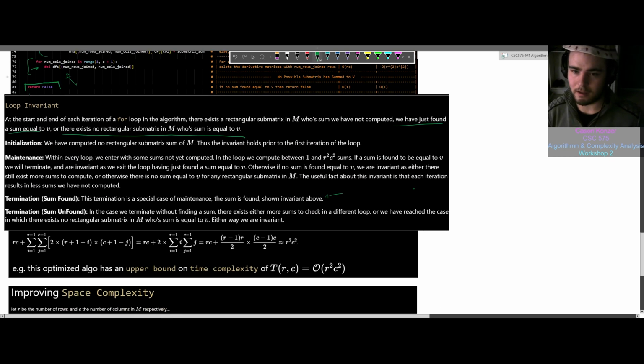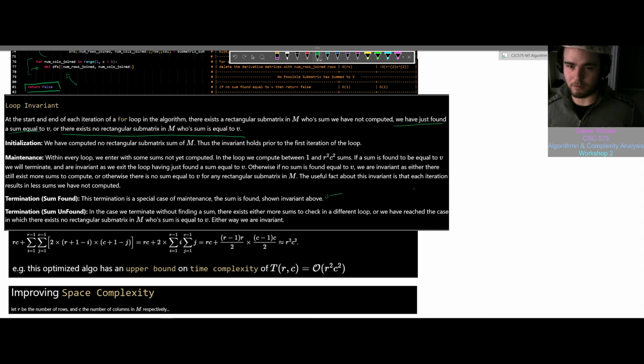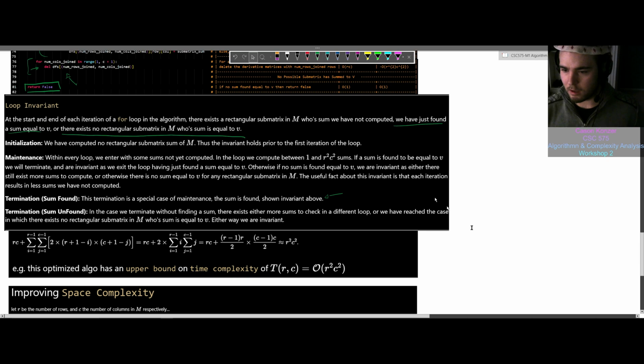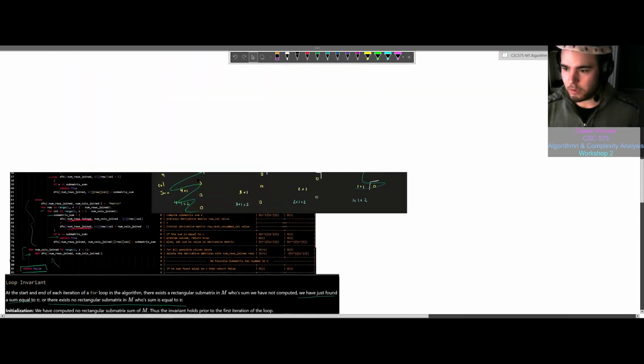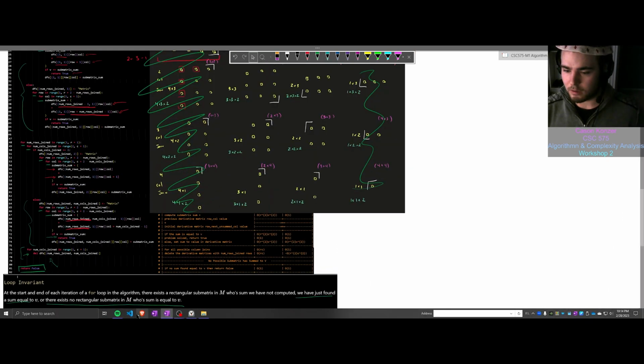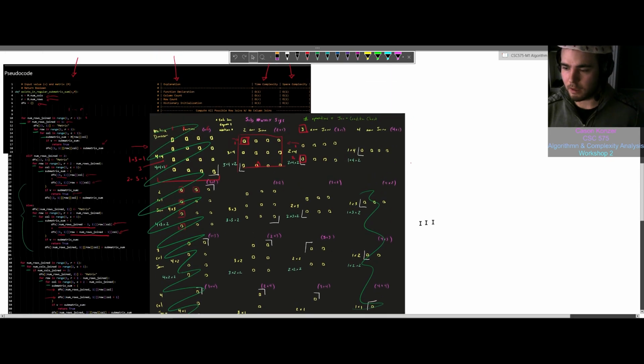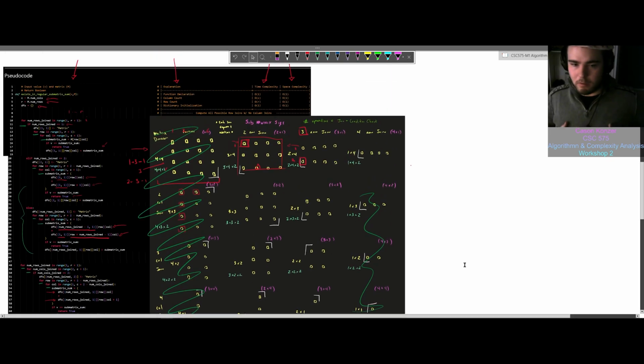So that is what proves that the return of false is correct, because there are no more sums to compute, and there is no sum that we have computed which is equal to V. So I think we're right on time. I could share an example, but I would say we don't have enough time for it.